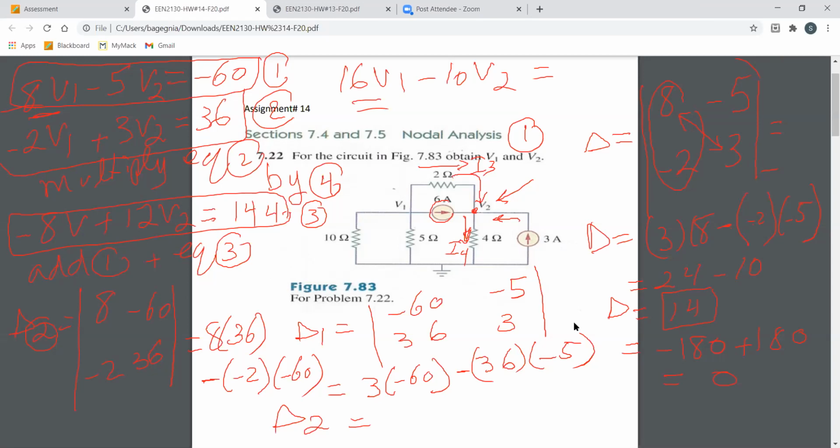Okay, so let me erase this. Let's put delta 2 here. We box it. And I don't need this anymore, this is for delta 1.